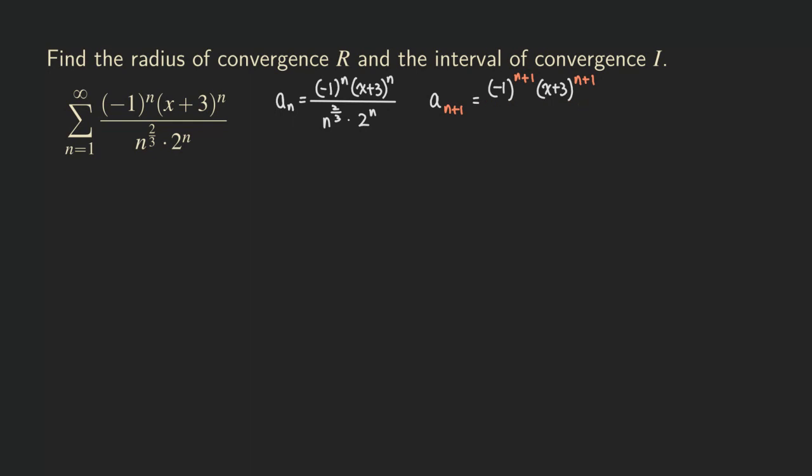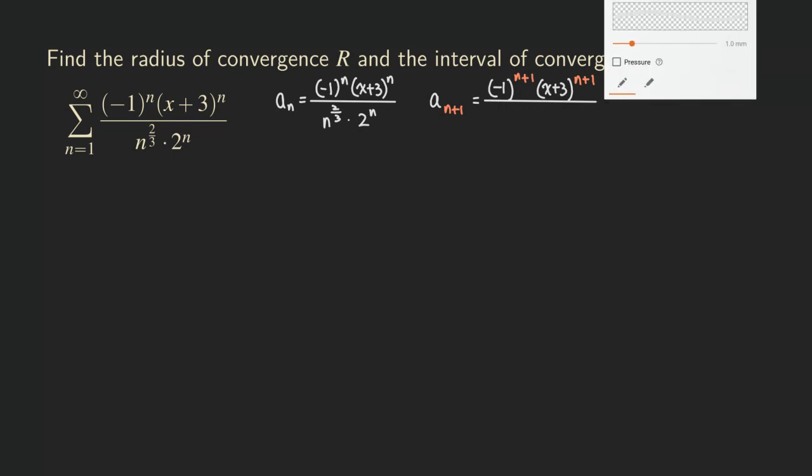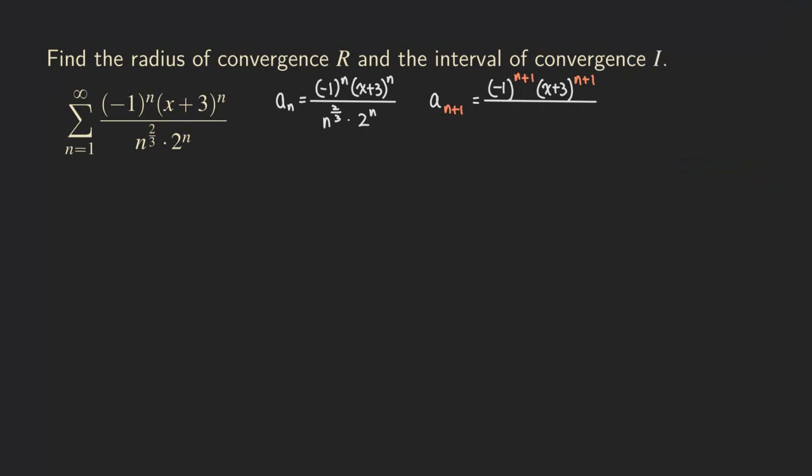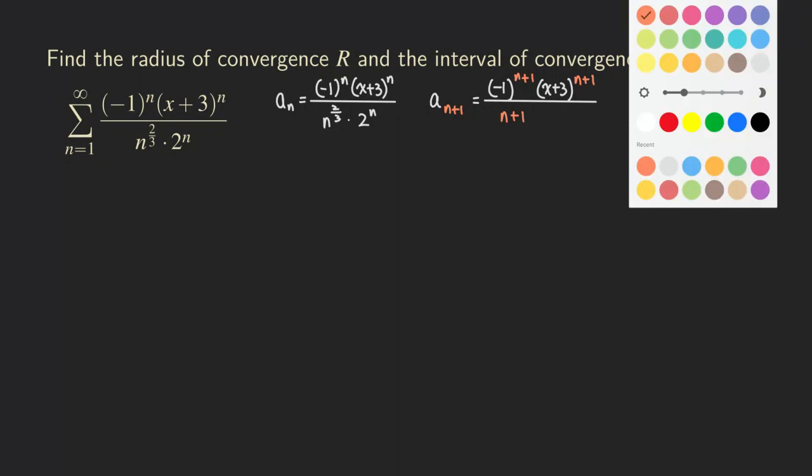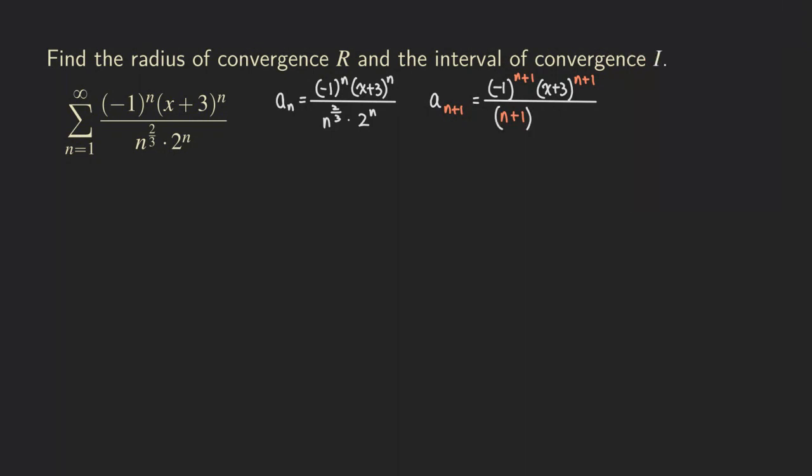And in the denominator, we are replacing n by n plus 1, so that one is also n plus 1 raised to the 2 over 3 power, times 2 to the n plus 1. If we simplify this a sub n plus 1 a little bit, we get -1 to the n plus 1, and then x plus 3 to the n times x plus 3 to the first.